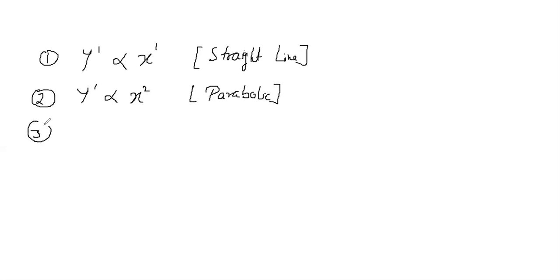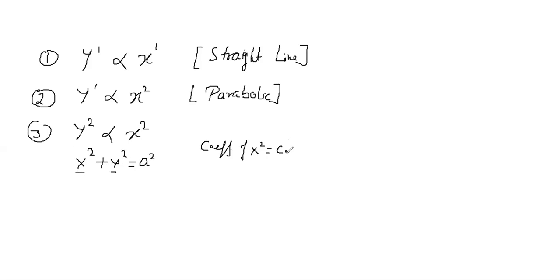And if y is in double power and x is also in double power, suppose x square plus y square equal to a square, that means the coefficients of x square and y square are the same and both have the same sign, then the path is a circle.